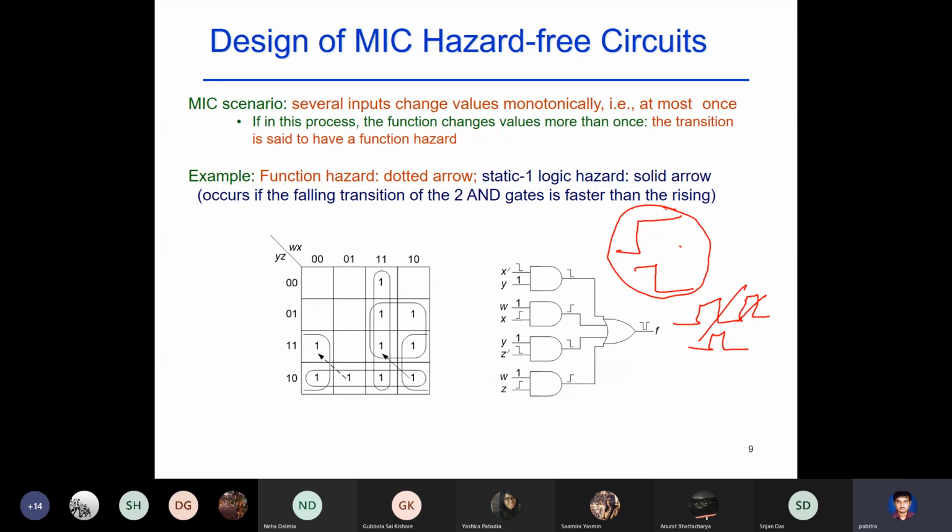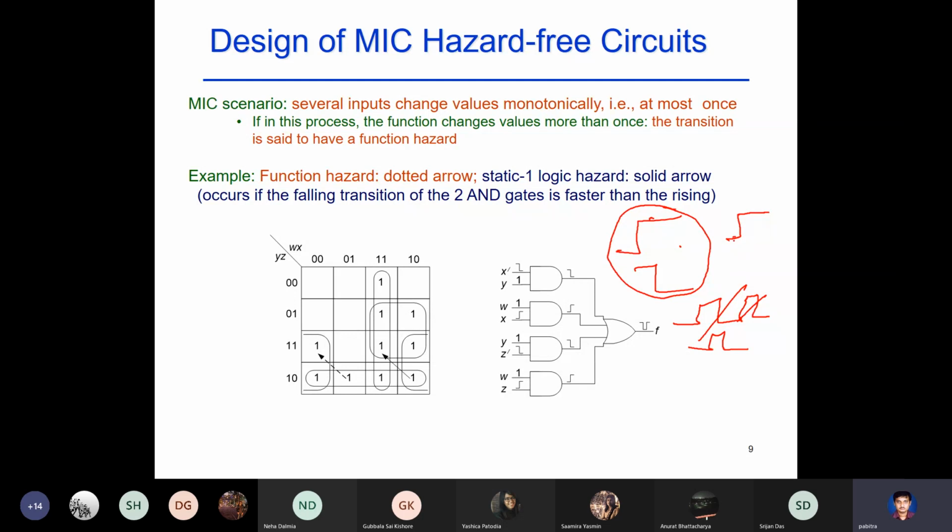All right. So because of this monotonic change in one or more of the inputs, if the output function changes more than once, ideally the output should have changed only because of this monotonic change. As you know, for monotonic change in input, there should be a monotonic change in output. So the output should have transitioned and then stabilized immediately, till the next change in input.